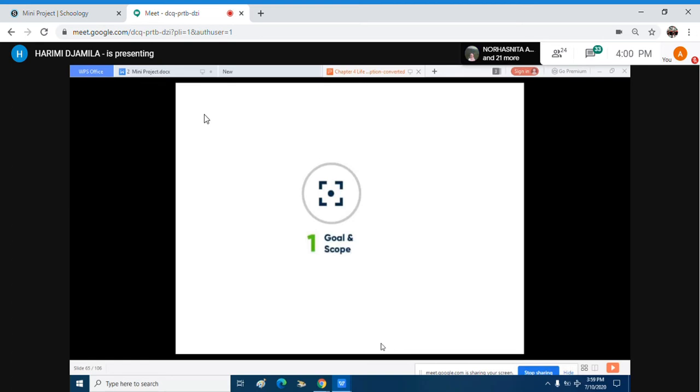The goal and scope of the analysis. Example, if we have a product, our product is a T-shirt, and we want to set the goal and scope of the analysis of a T-shirt. So the goal is to make, for instance, the T-shirt more sustainable by reducing its emission during the life cycle.